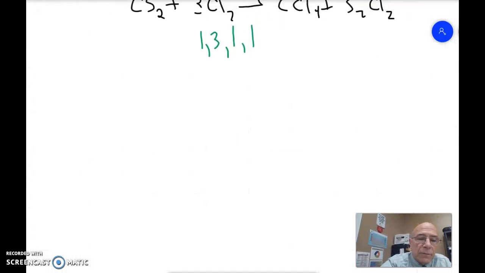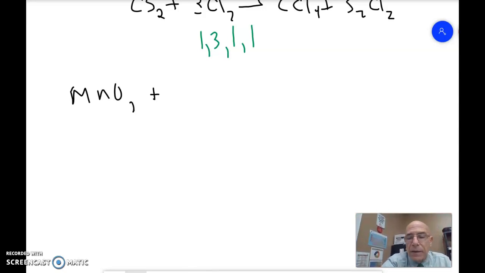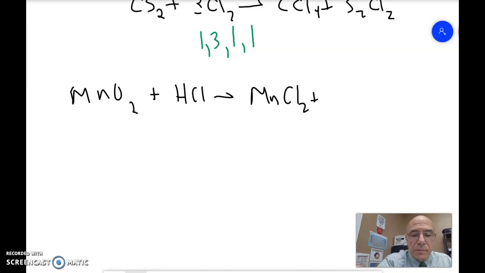Okay, this one's just a little bit more involved. My skeleton equation is as follows: MnO2, manganese 4 oxide, reacts with hydrochloric acid to form manganese 2 chloride plus oxygen plus water.